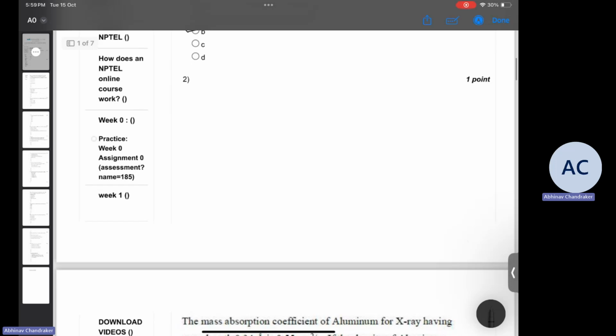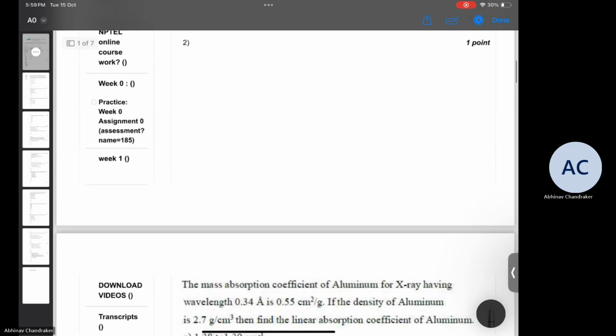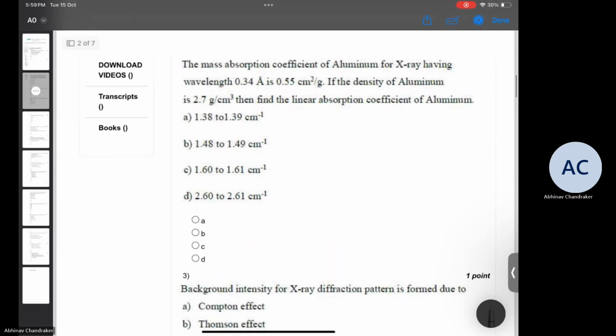Okay, so moving to the second question. The mass absorption coefficient of aluminium for X-rays having wavelength of 0.34 angstrom is 0.55.